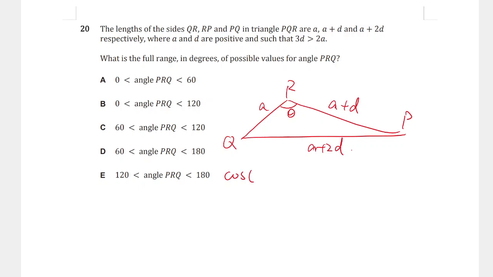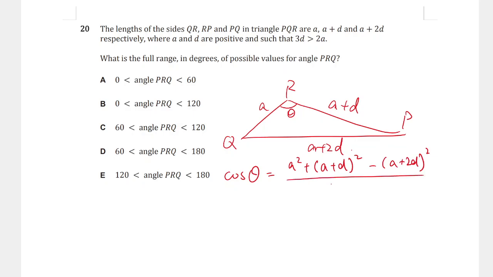Cos theta equals b squared plus c squared minus a squared, divided by 2bc, right? So just remember you subtract the opposite side to the angle. So A plus 2D is opposite, that's why it's in the subtraction.